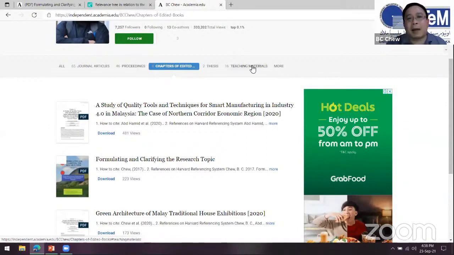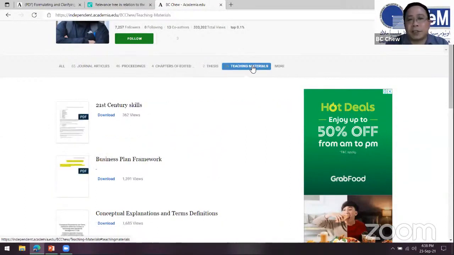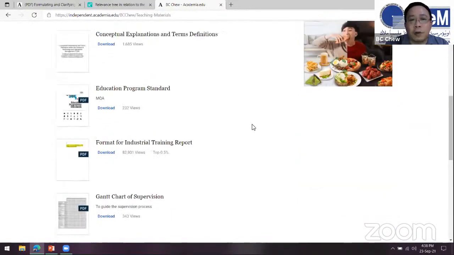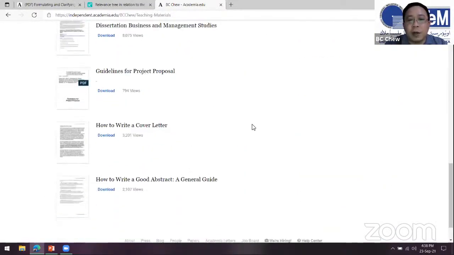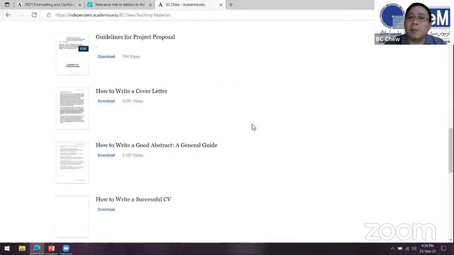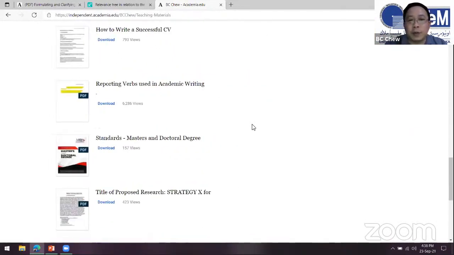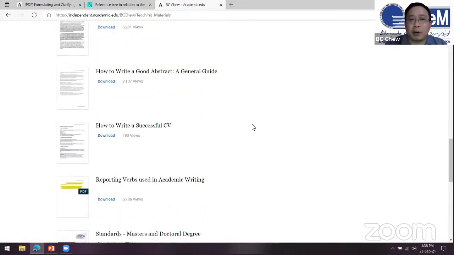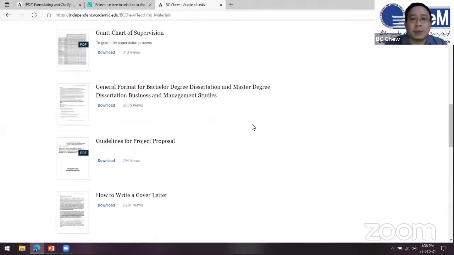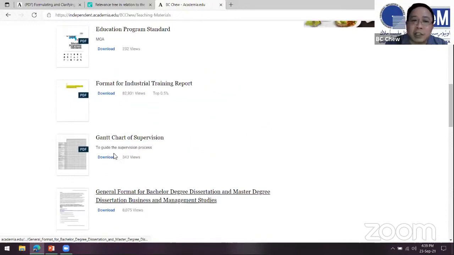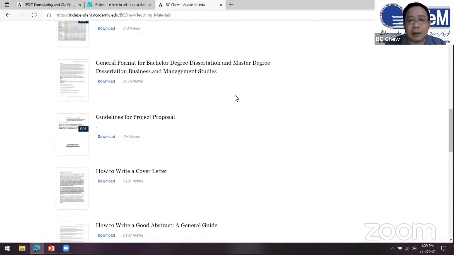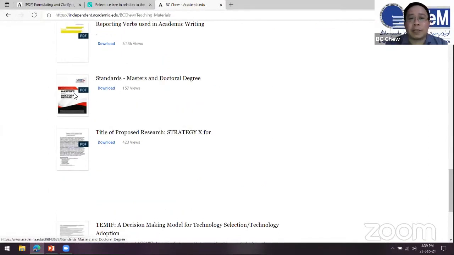And perhaps there are also some teaching materials which could be quite useful to all of you, for example verbs to be used, how to write a good abstract, as well as general formats and a Gantt chart for supervision.